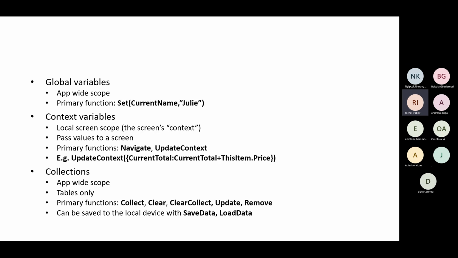You can create a table inside of your application with collection, where you have collect, clear, collect, update, and remove. And you can also save this data to your local device. You can use it with save data and also load data.